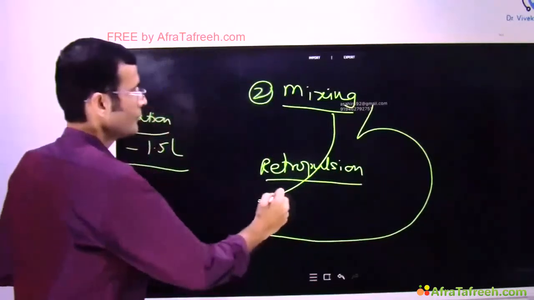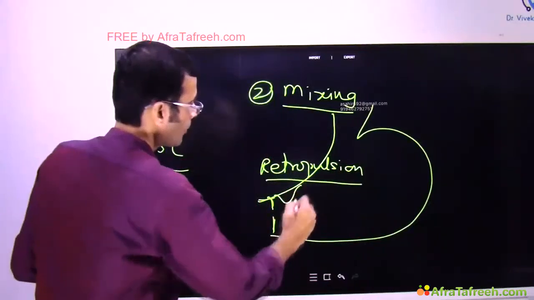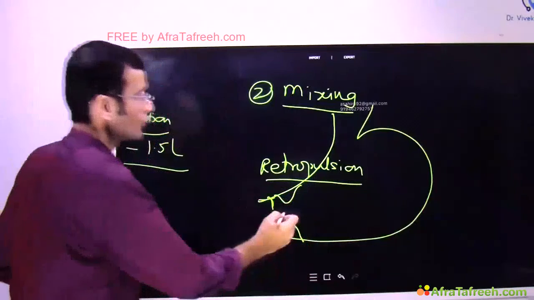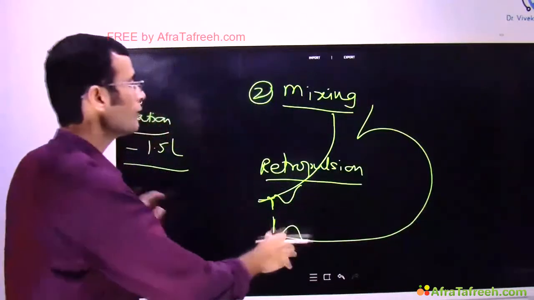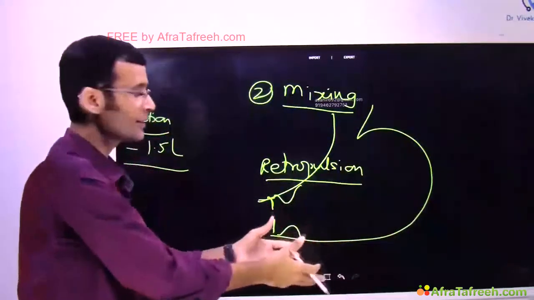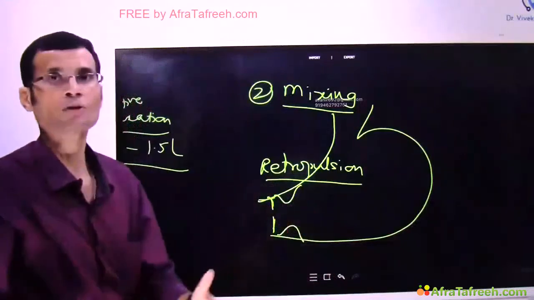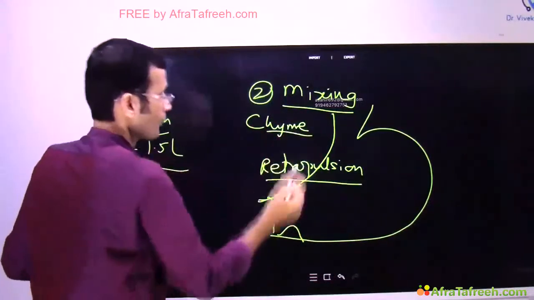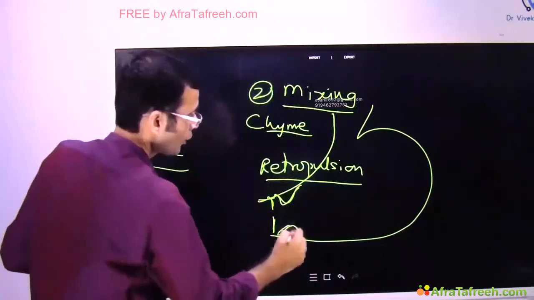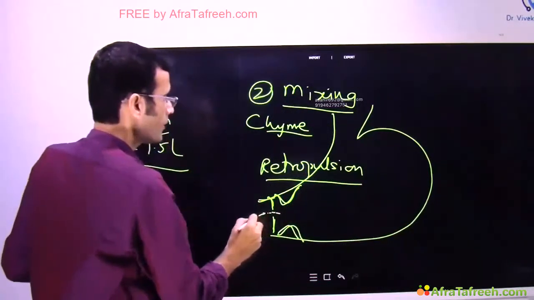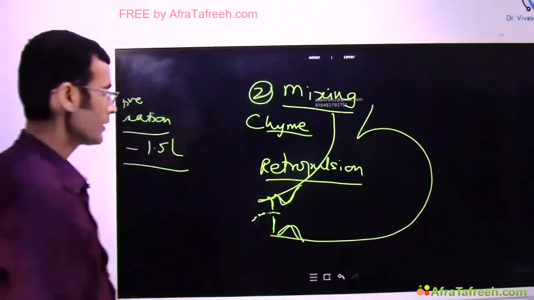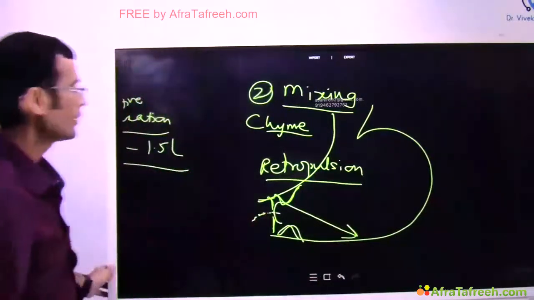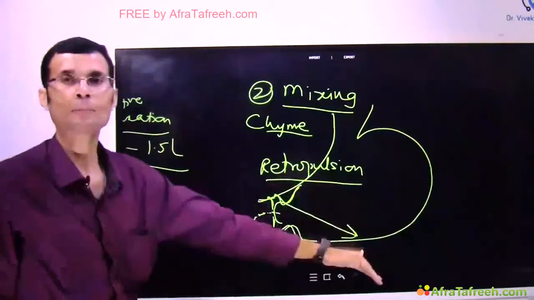What happens is that some part of the pylorus wall will contract, after the foods have already been mixed with the gastric juices and a semi-solid paste called chyme has been formed. With the contraction of the pyloric wall, some chyme will escape through the sphincter, but the remaining will just go back. This is called retropulsion.